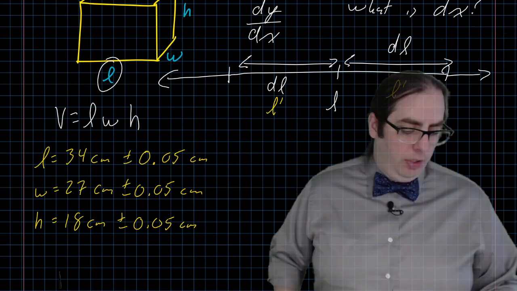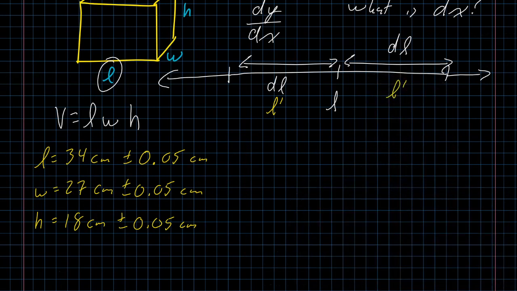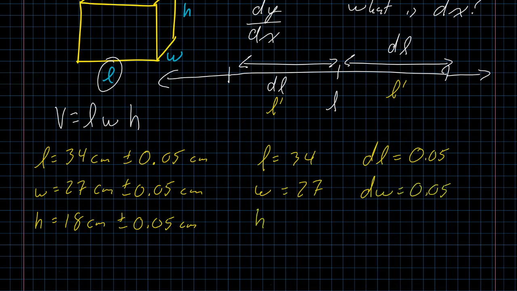For our purposes, we are going to write this as L equals 34 and dL equals 0.05. Likewise, W and H are going to be the exact values of 27 and 18. dW and dH are still going to be 0.05.